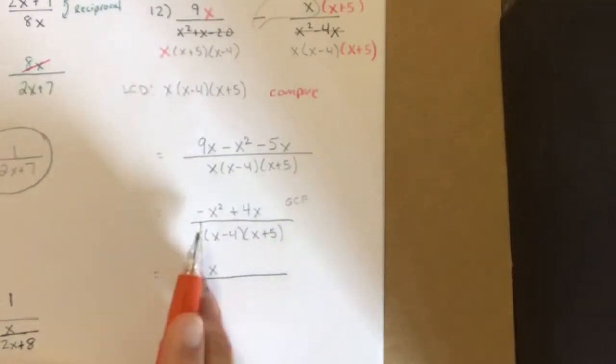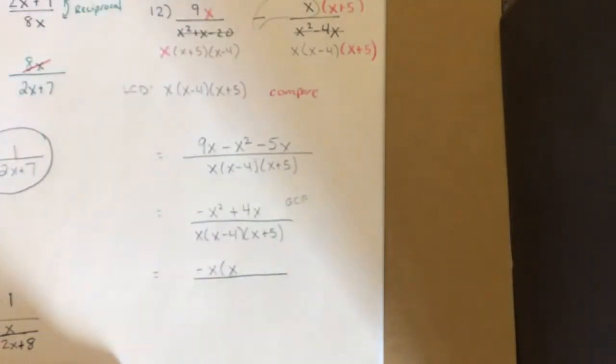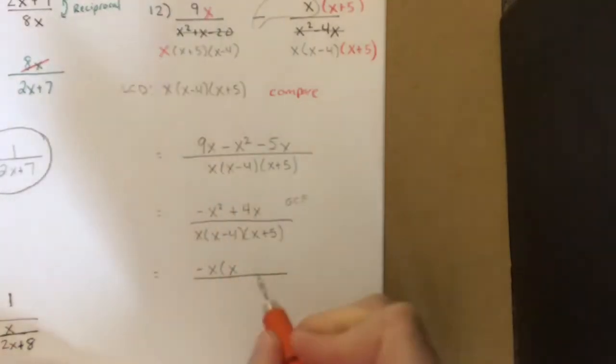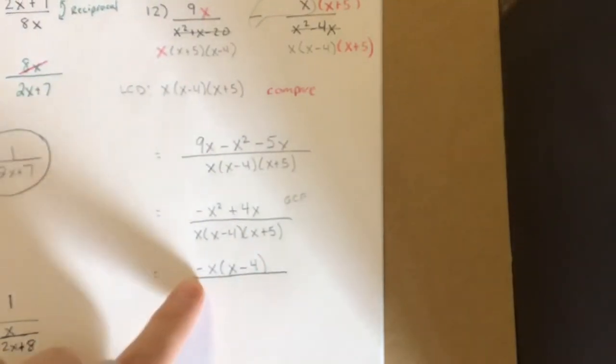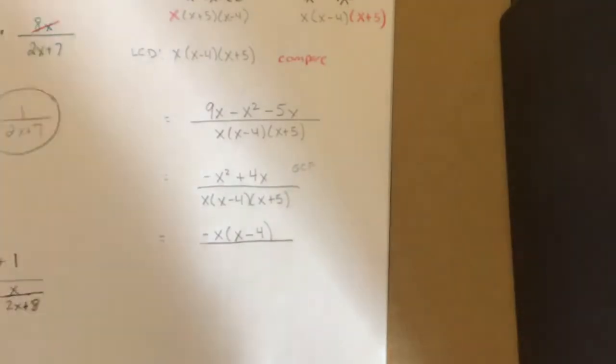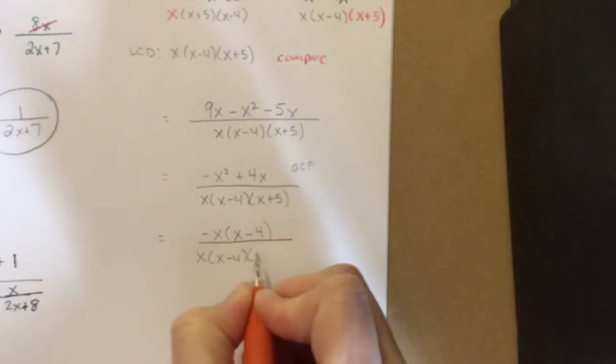Then I took the negative out, and one of the x's, I'm left with a positive x. And if I took the x out and a negative from the second term, I'd be left with a negative 4. I took a negative x out. Then I have an x, and I have an x minus 4, and I have an x plus 5.